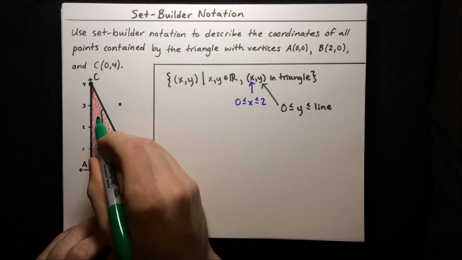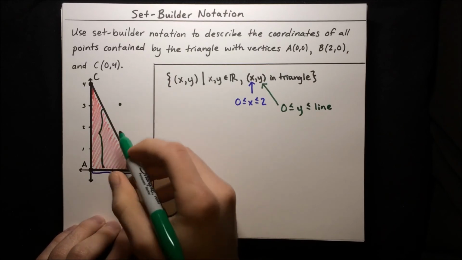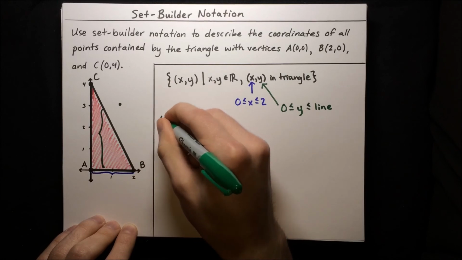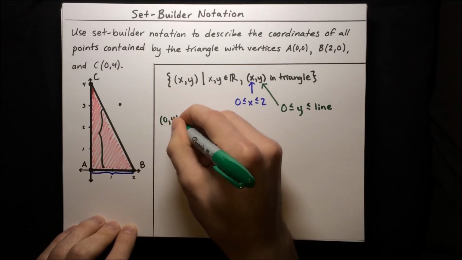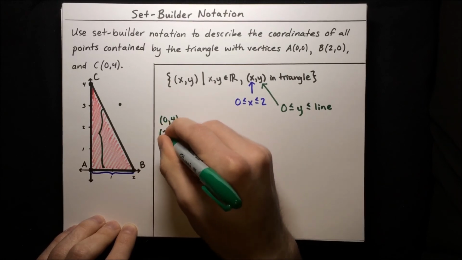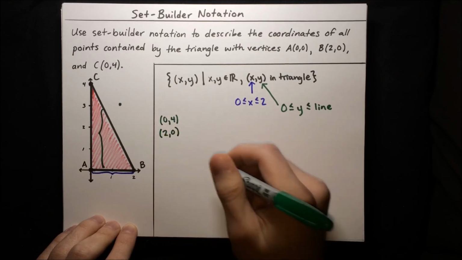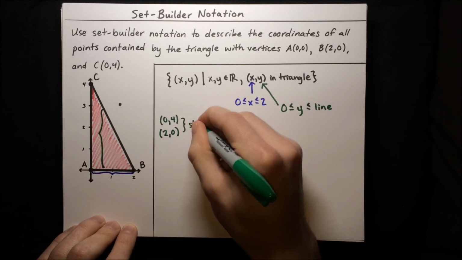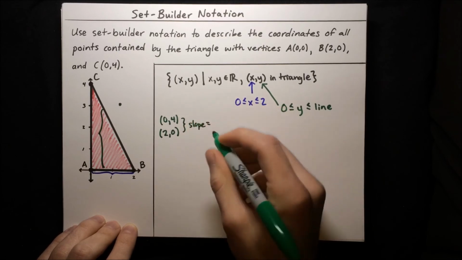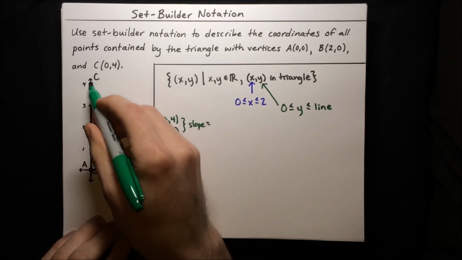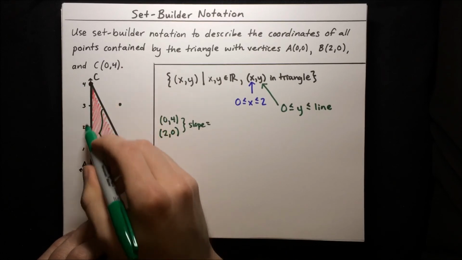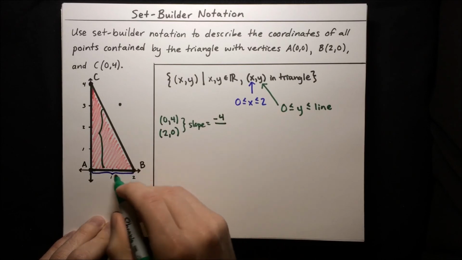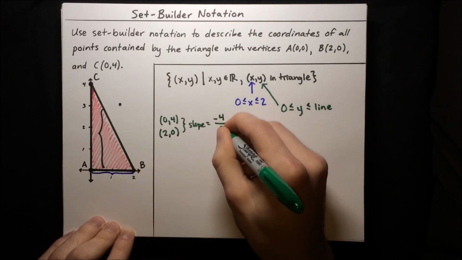So first of all, what is the equation for the line? Well, we've got two points on the line. We've got the point (0, 4), and we've got the point (2, 0). And we can compute the slope between these points. The slope is equal to the rise over the run. The rise is just -4 because we dropped down 4. And the run is just 2 because we're going over 2 to the right in the positive direction.